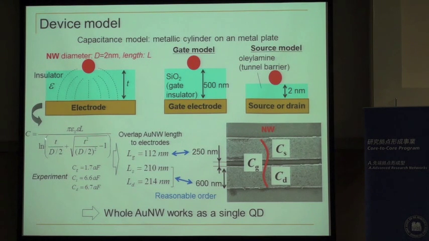Using this equation and experimentally obtained capacitance, we estimated the overlap nanowire length to electrodes like this. And this length is consistent with our device geometry. So this indicates that the whole nanowire works as a single quantum dot.